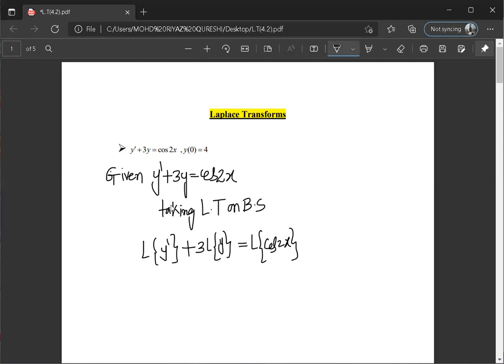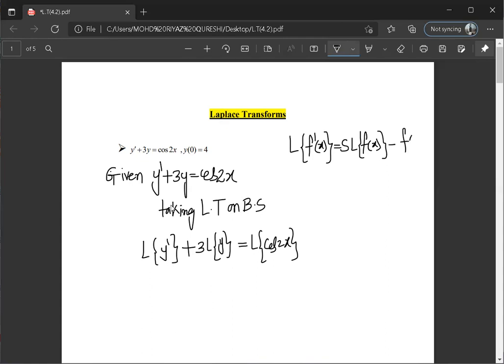Now, what is the value of Laplace of y prime? You remember, or should I write here? Laplace of f prime of x, I'll show you this formula I gave you. This is equal to s times L of f(x) minus f of 0.